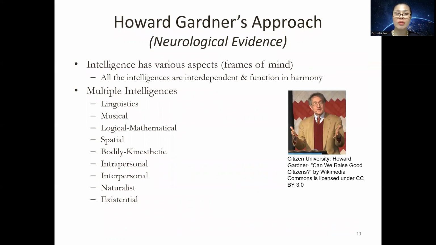Multiple intelligence is a theory from Howard Gardner. So according to Howard Gardner, he says that intelligence has various aspects such as linguistics, musical, logical, mathematical, spatial, bodily kinesthetic, intrapersonal, interpersonal, naturalist, and existential.